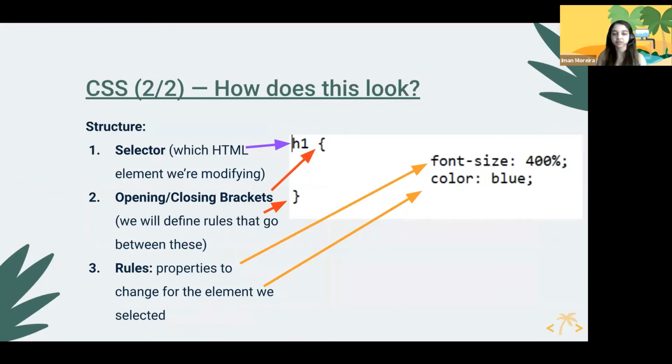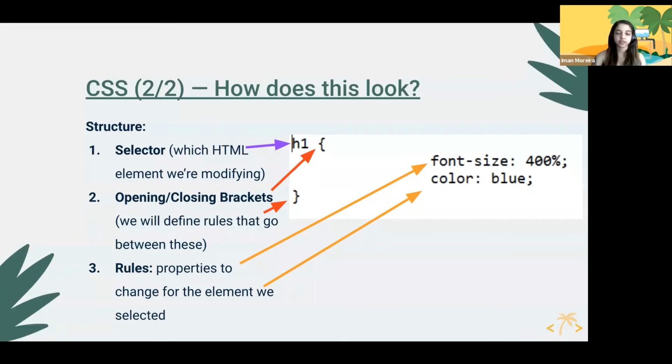So what does this look like in terms of actual code? Here is a quick example of it. This starting part, the selector, you can put either one of the tags that you were using, some of the ones that you saw in your HTML, like H1 or A, or you can also put a different type of tag that you can put specifically for one section of your page.